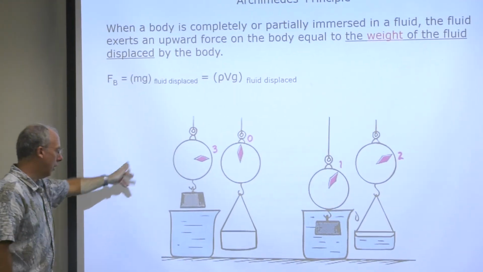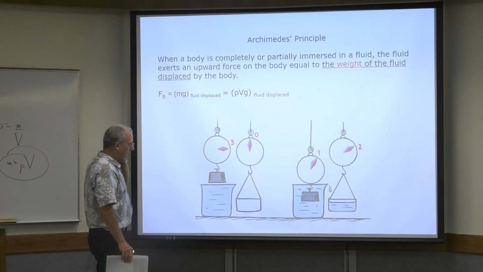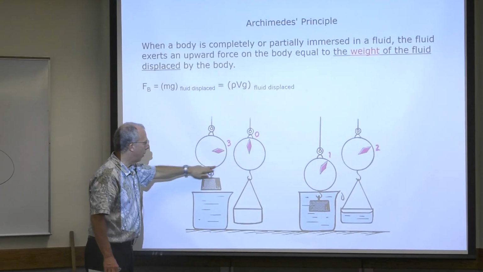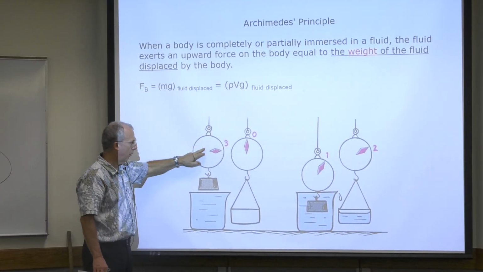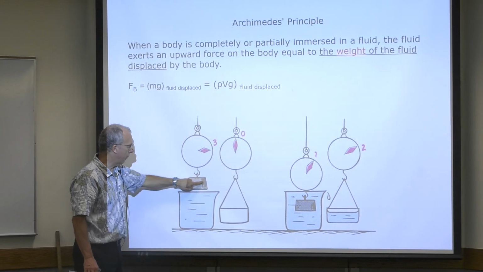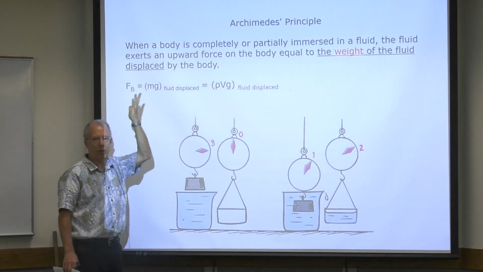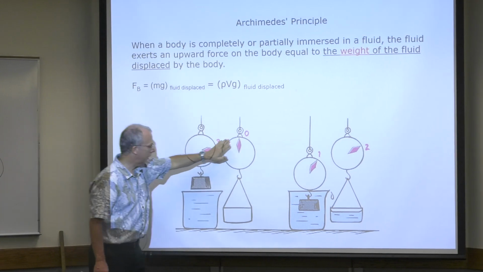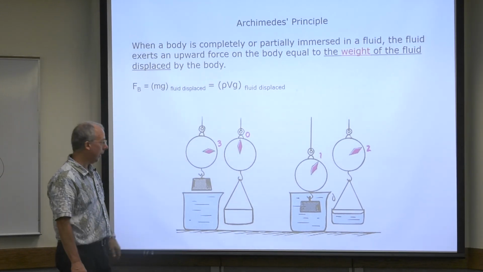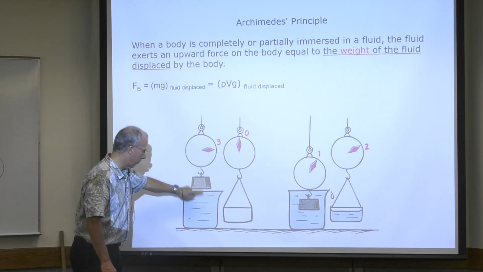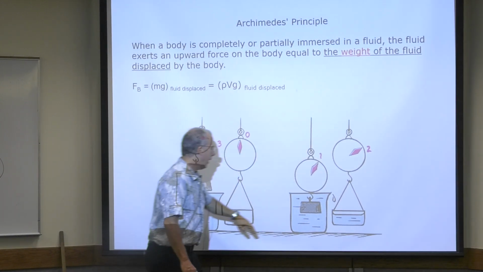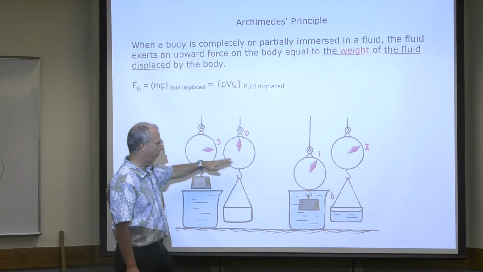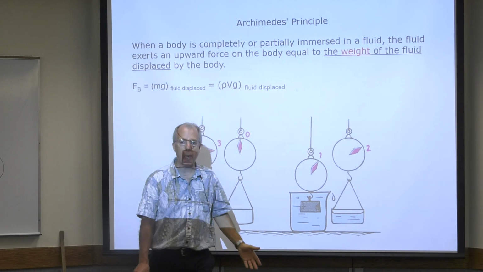So this is a nice little diagram. Here is something that measures the weight, and it's measuring the weight of this object, and it's 3 whatevers. And here, this is empty. Then this object is submerged in the water, and the weight goes from 3 to 1. So it decreased by 2.